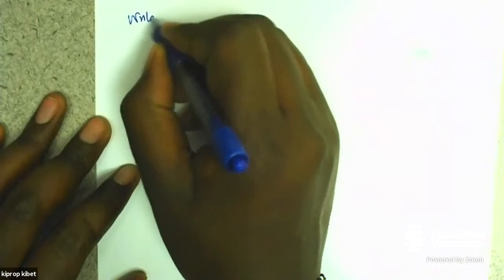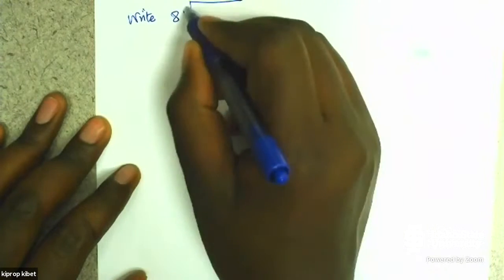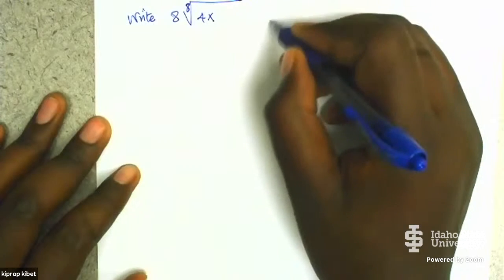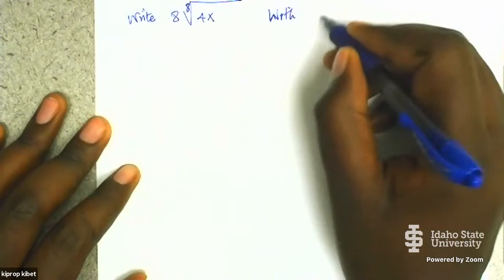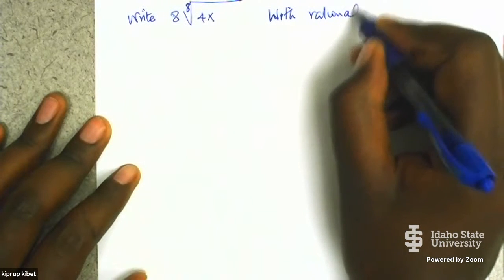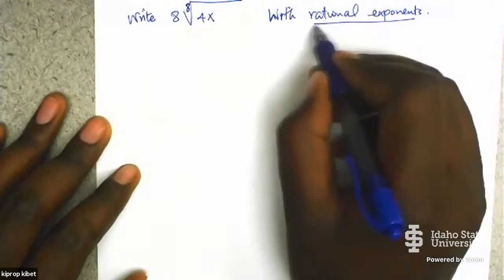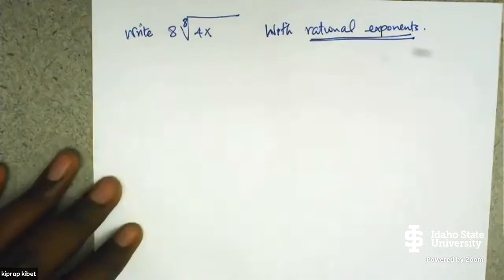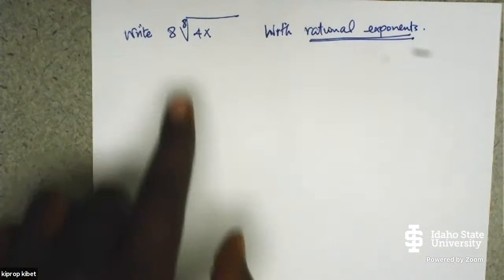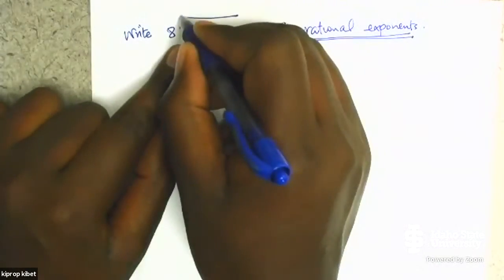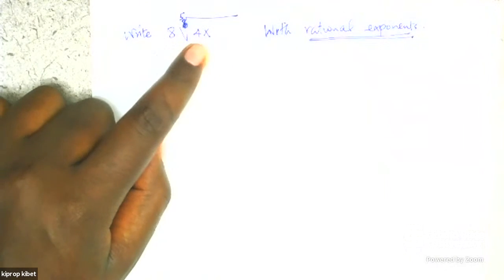Okay, another example. If we are told to write the fifth root of 8 raised to 4x with rational exponents. This is in radical form.